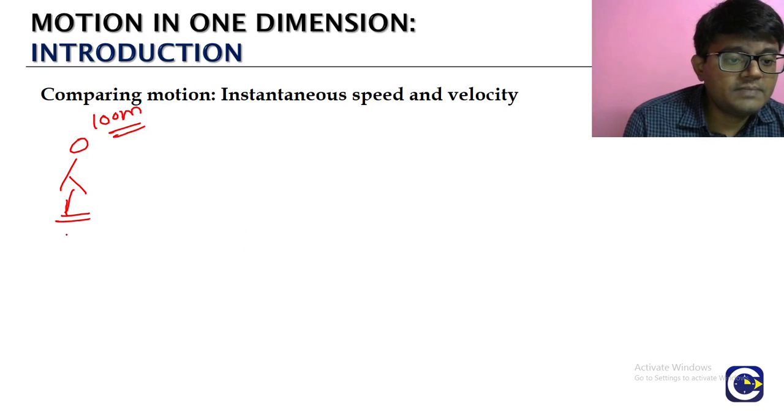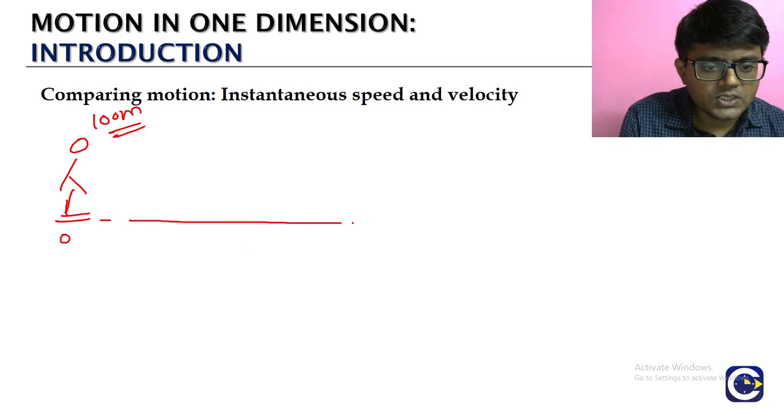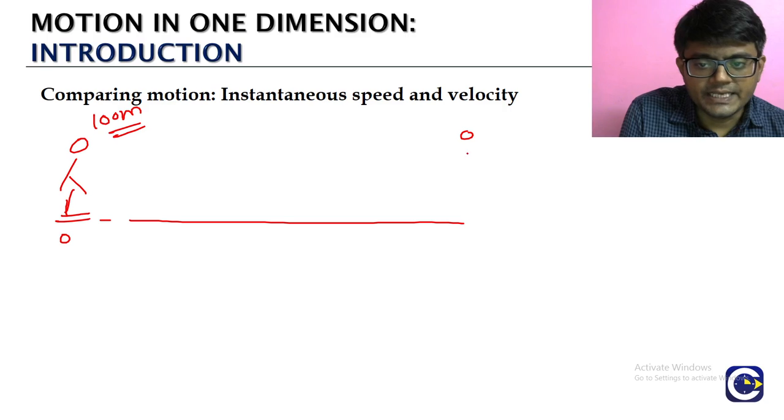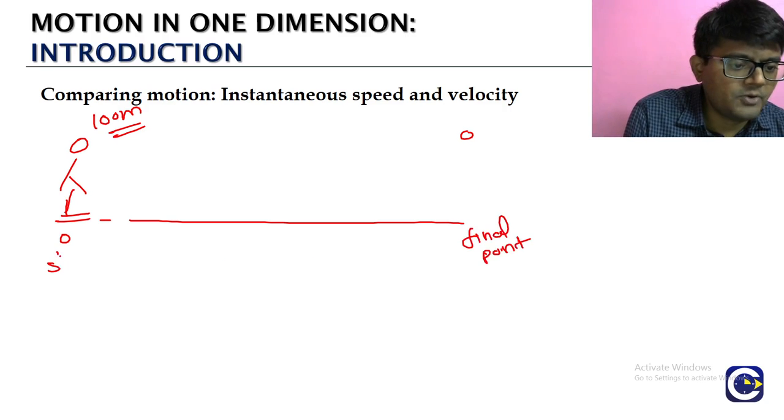Let's say all of them start from the point where the journey is beginning, and they will all come to the final point. This is the starting point and this is the final point.